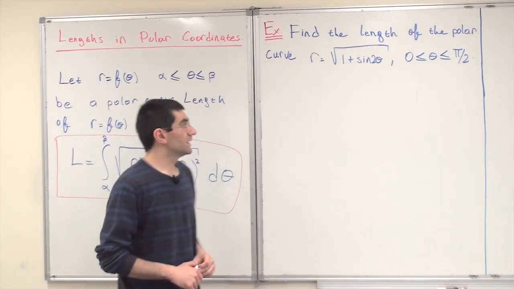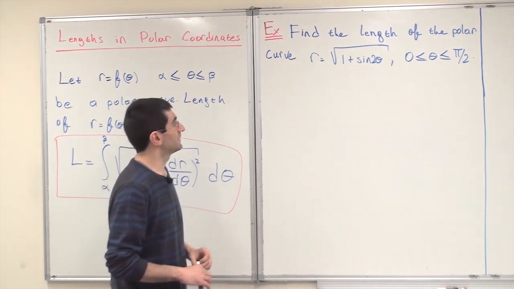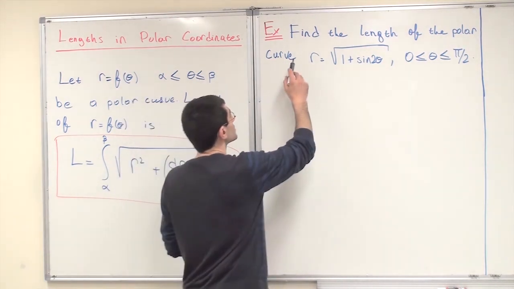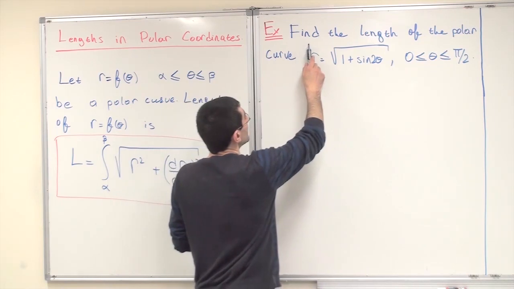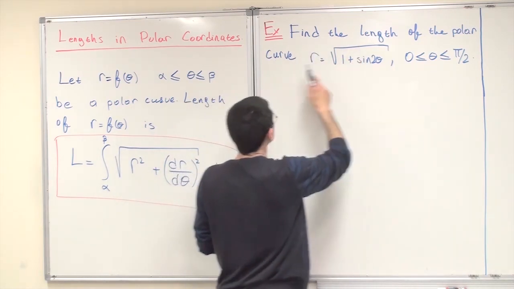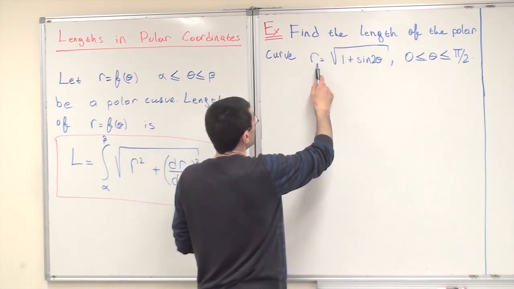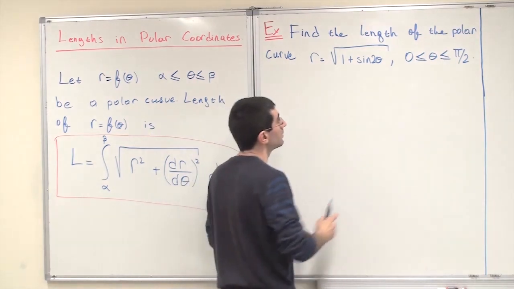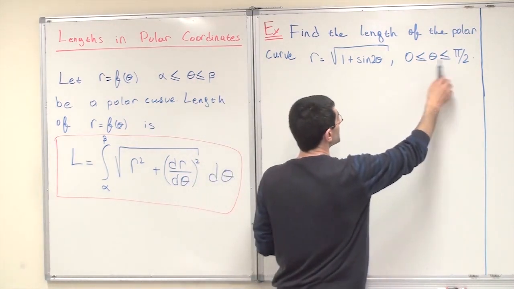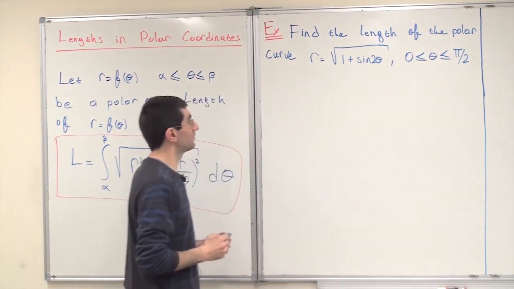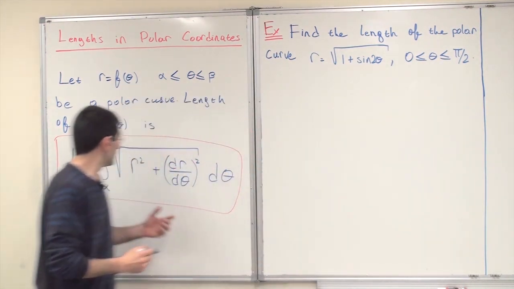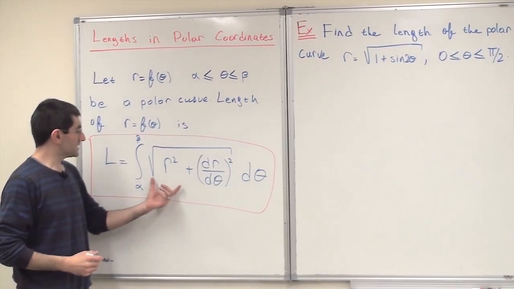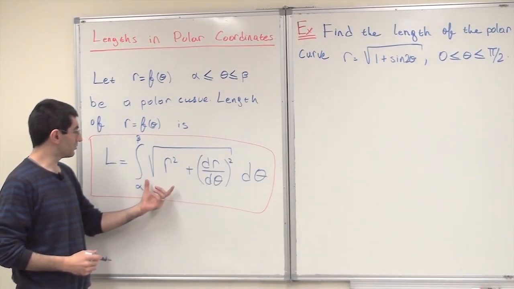Okay, now let's see an application of our length formula. We are going to solve the following question. We would like to find the length of the polar curve r equals square root of 1 plus sine 2 theta, where theta is between 0 and pi over 2. So let's have a look again at our length formula.